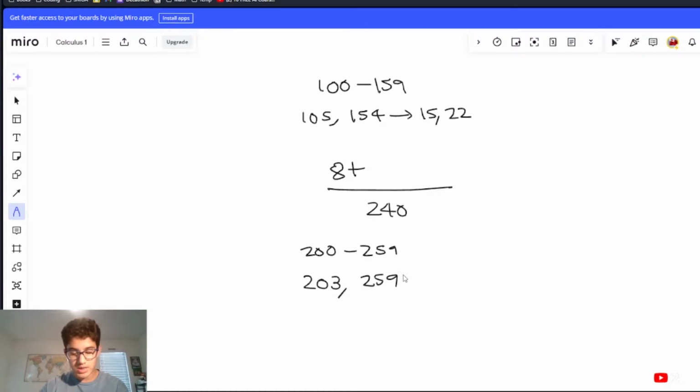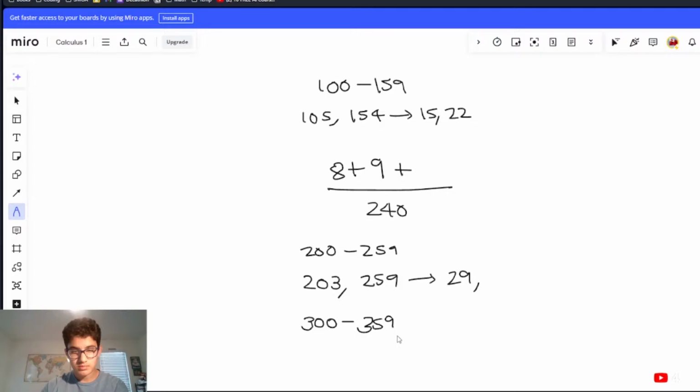We can divide the difference, 56, by 7. So that should be 9 then. I think that's 9. Similarly, we can go from 300 to 359.